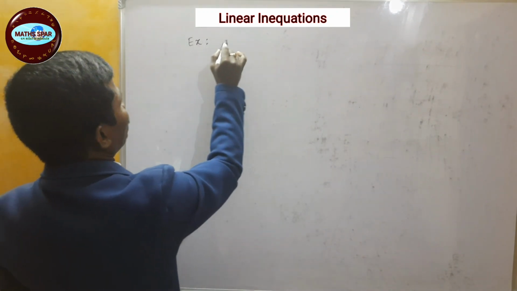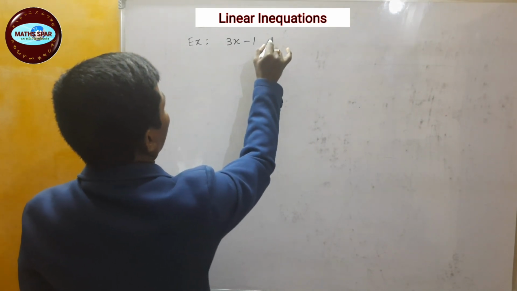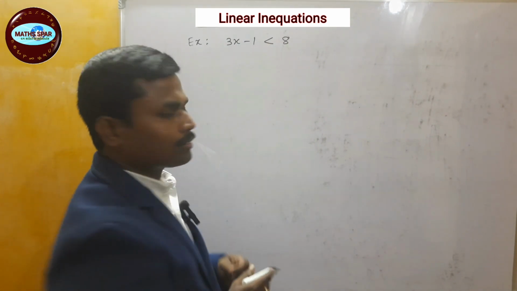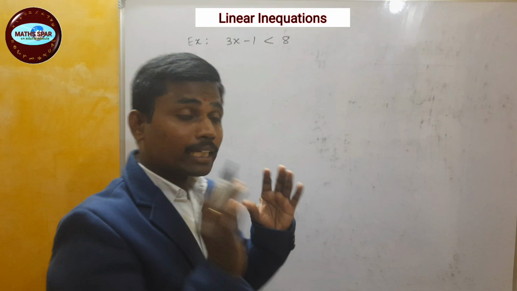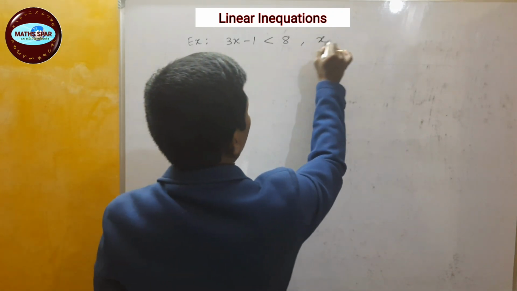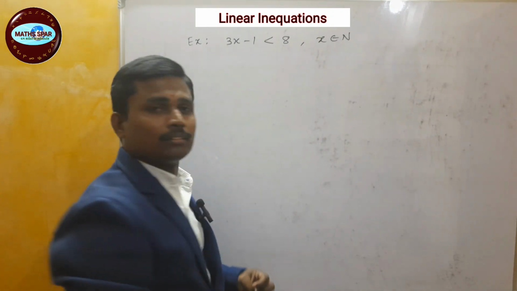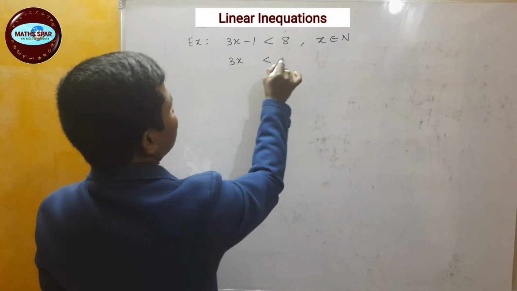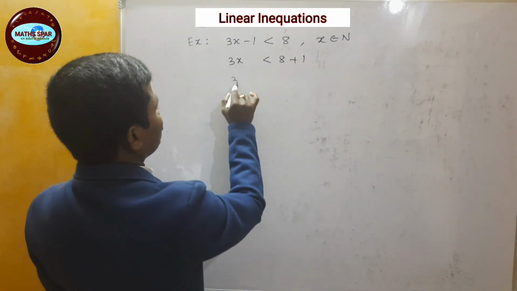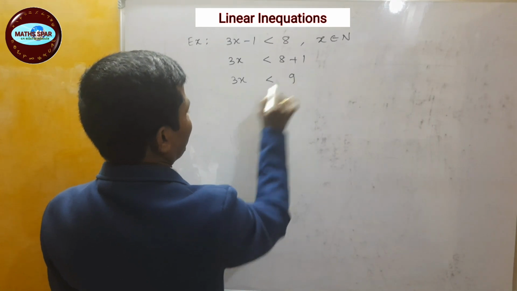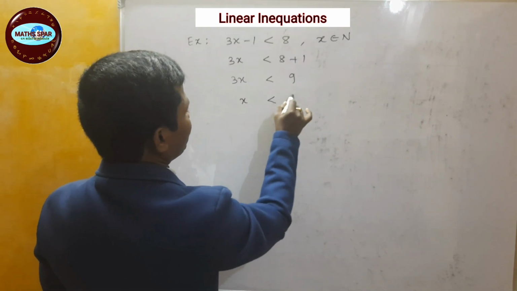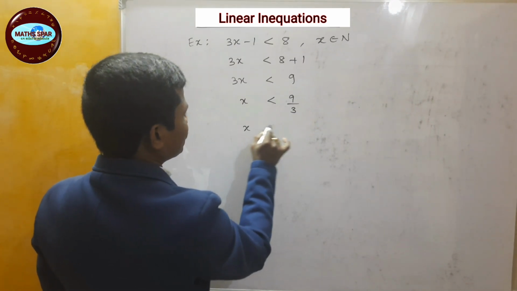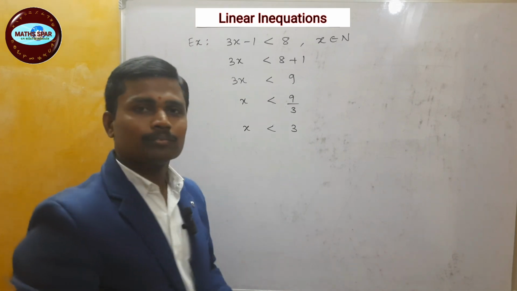Let us consider an example. 3x minus 1 is less than 8, and the condition is given as x belongs to N, natural numbers. Then 3x is less than 8 plus 1, 3x is less than 9, x is less than 9 by 3, so x is less than 3.